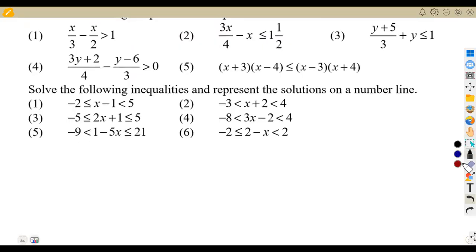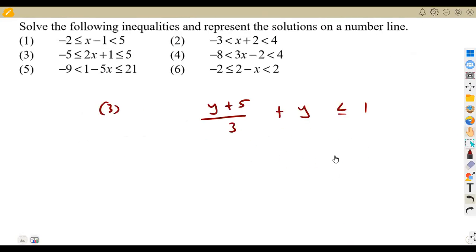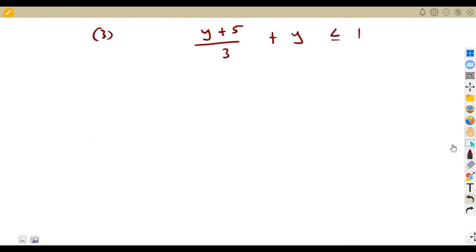We're going to try number 3 together. Number 3, we are given (y plus 5) over 3, plus y is less than or equal to 1. Okay, so it is the same situation that you're going to apply.